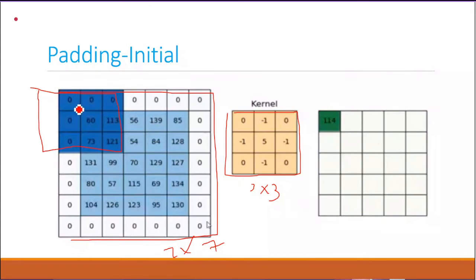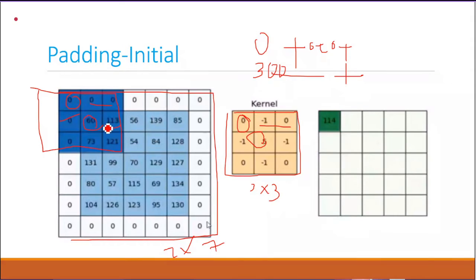What happens in the process is we multiply all the values. This 0 and this 0 multiplied, I get 0, and again 0 0 0, multiplied, get 0. So this is also 0. When 60 is multiplied with 5, we get the value 300.